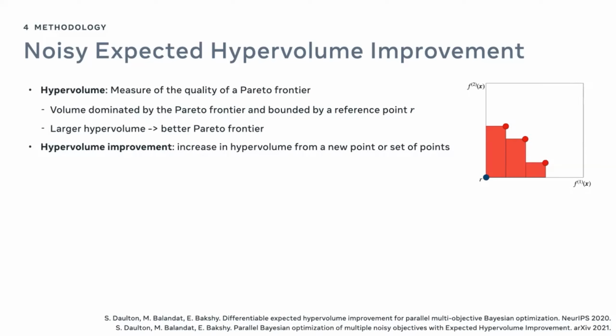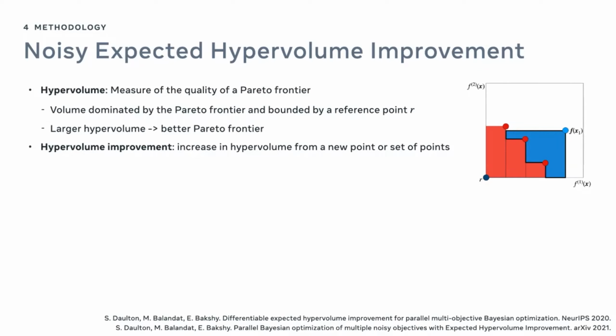The reference point is typically known by the user or optimizer. In this case, it's generally just the setting of the status quo model in production that we're going to improve upon. Hypervolume improvement is the increase in the hypervolume from a new point over a set of points.